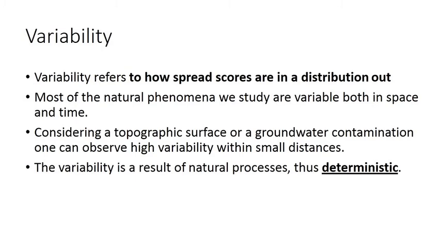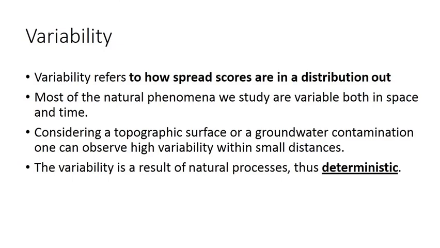For example, your gold deposits will vary from one point to another, so that's a variable. So considering a topographic surface or underground water contamination, one can observe high variability within small distances. So that's an example of how we can encounter variability in real life.